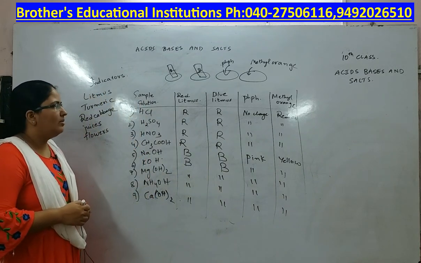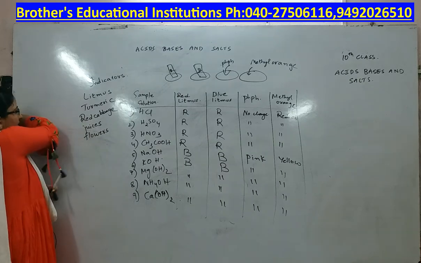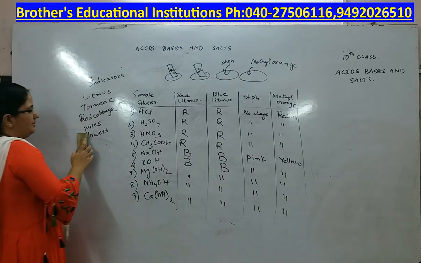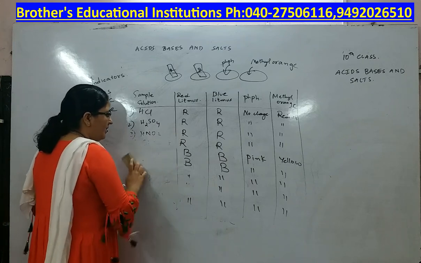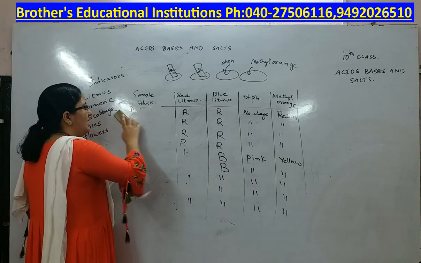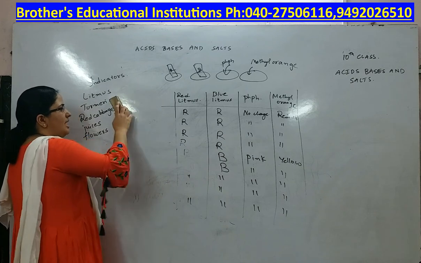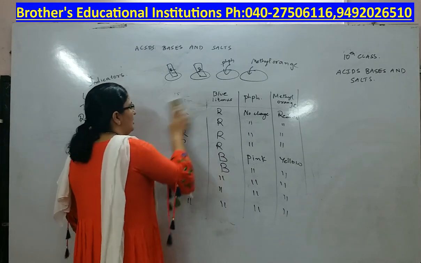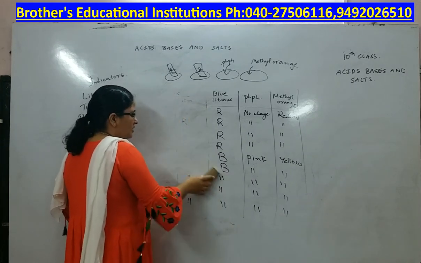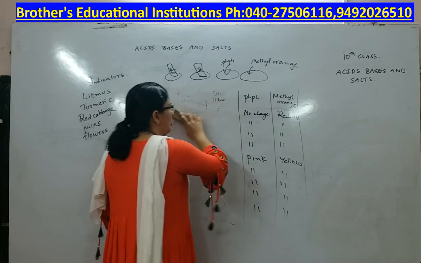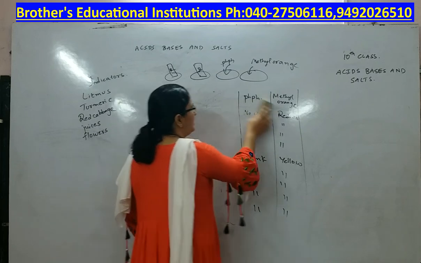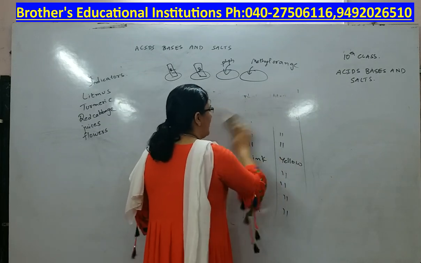Now we shall do another small activity. So far we have discussed indicators and how the samples change: red litmus to blue, blue litmus to red, phenolphthalein to pink, methyl orange to yellow, based on whether it is acid or base.